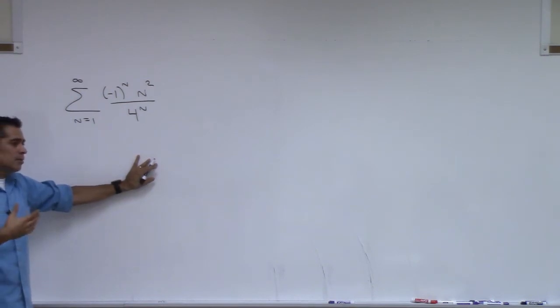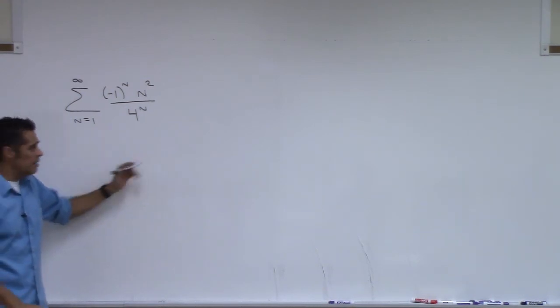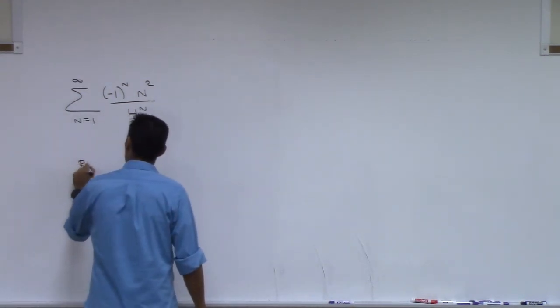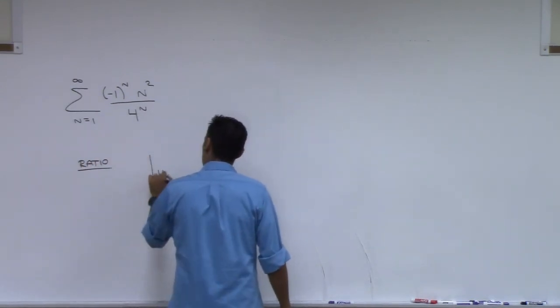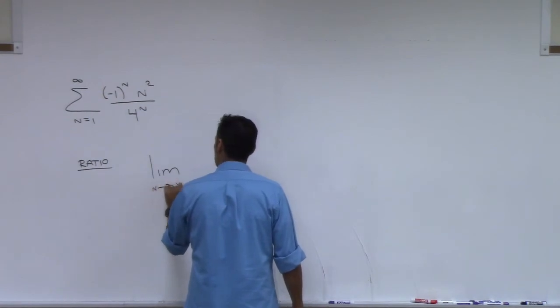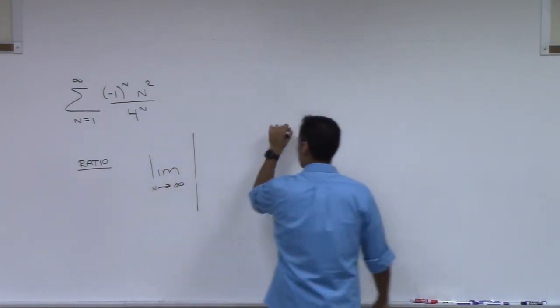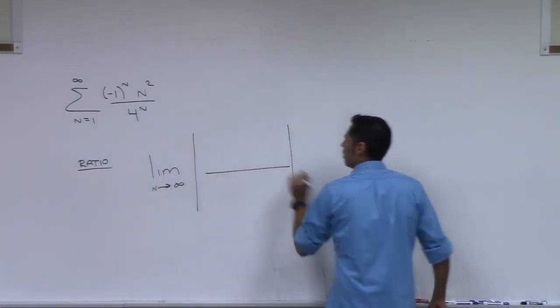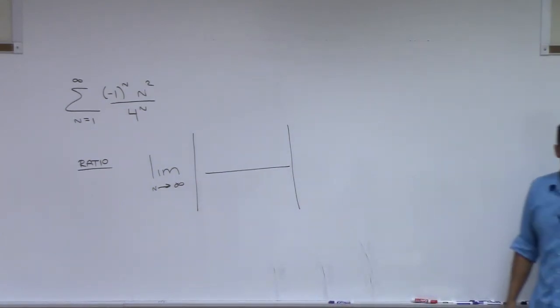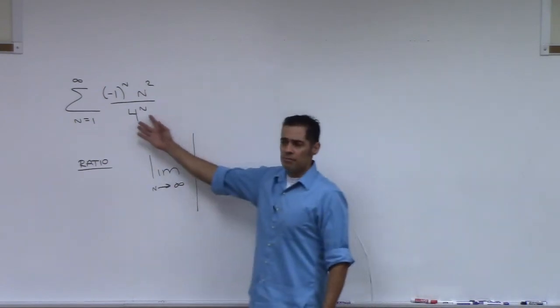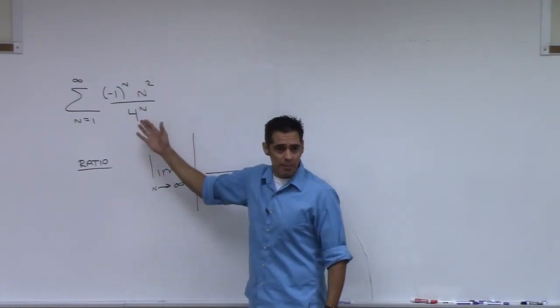But I'm going to try the ratio test. So here it comes, ratio test. I'm going to do the limit as n goes to infinity of this ratio. Now what goes on top? It's the sequence replacing all the n's with n plus 1s.